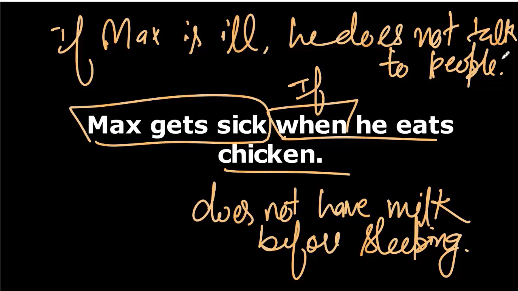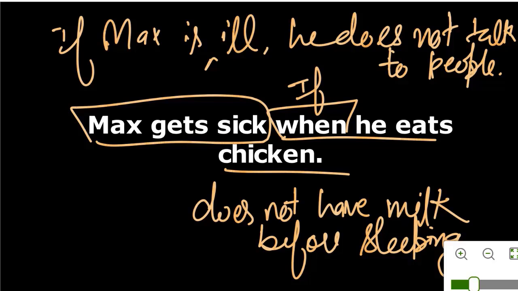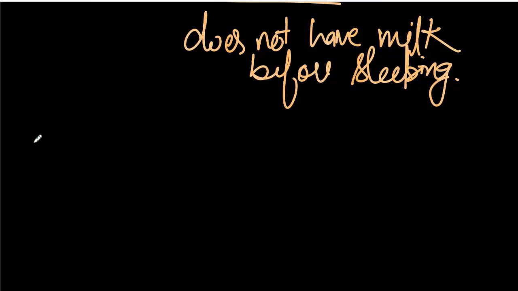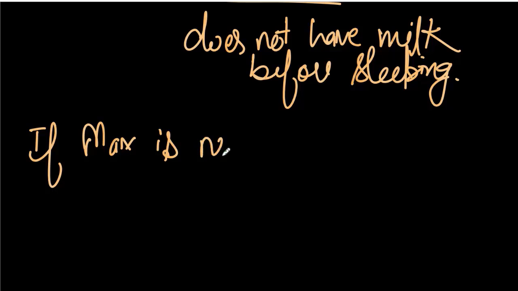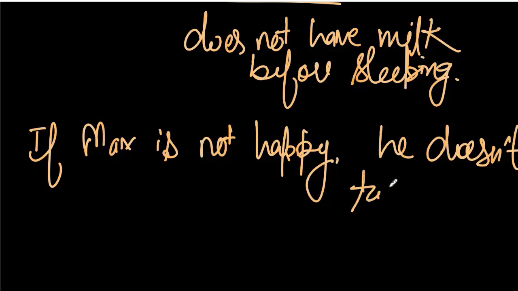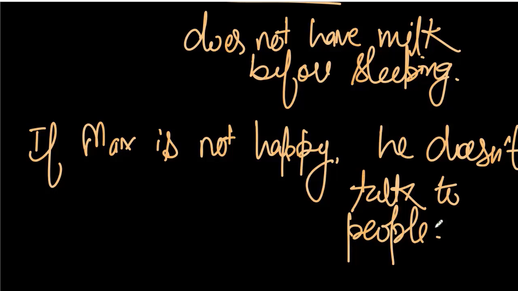For example, let's say if Max is not happy, he doesn't talk to people. So here both the clauses are negative. So either one or both the clauses can be negative in a type 1 conditional sentence.